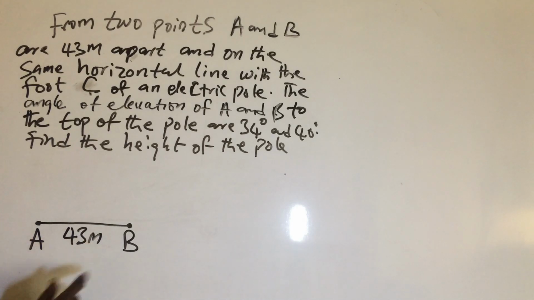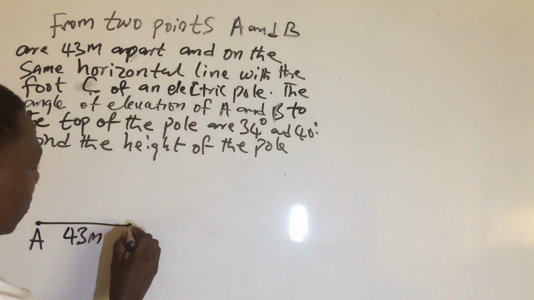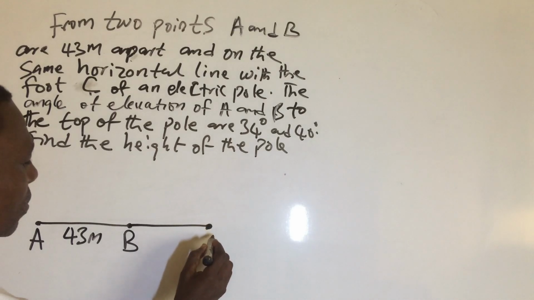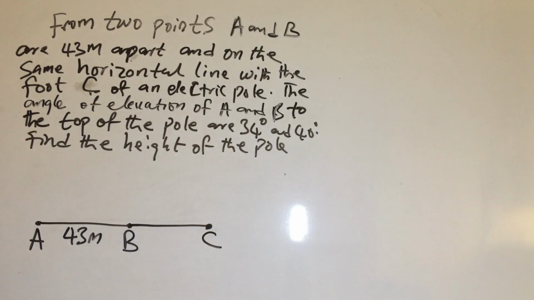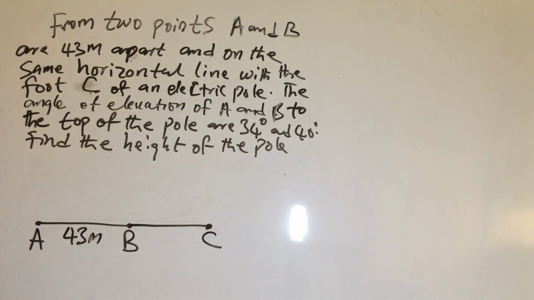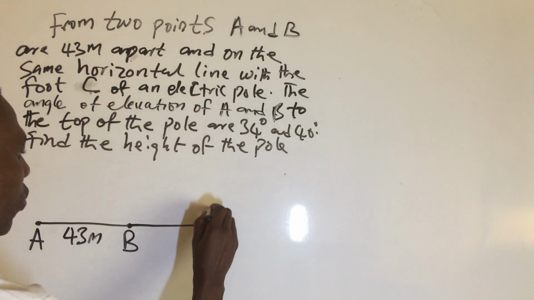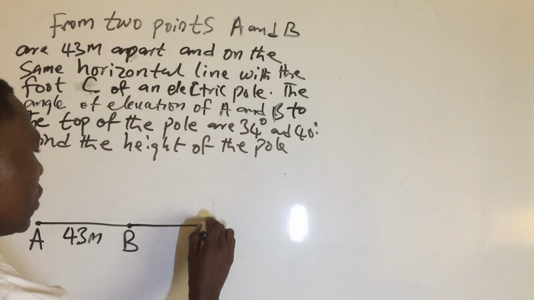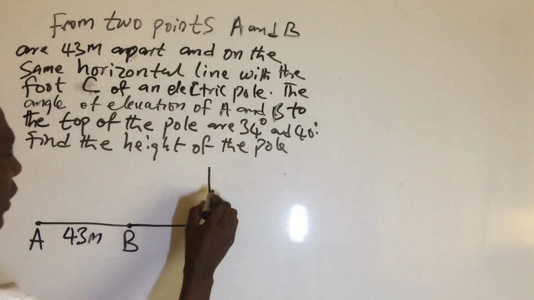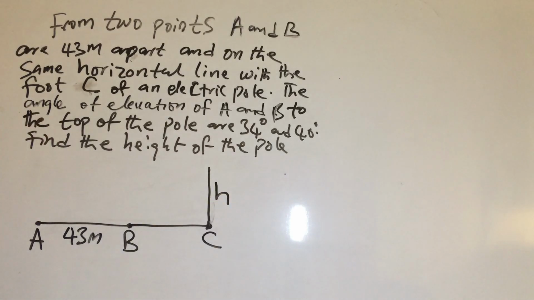But this point continues with point C. And this point C is the foot of the electric pole. So this is the electric pole we are talking about, okay? And the height of the electric pole is H, okay?